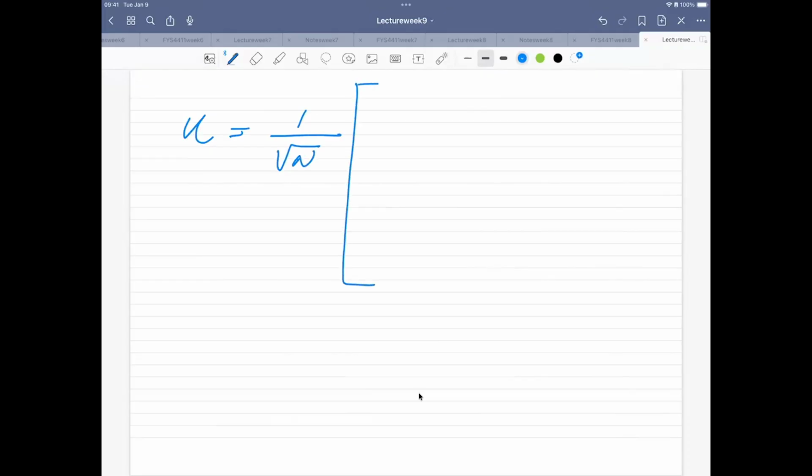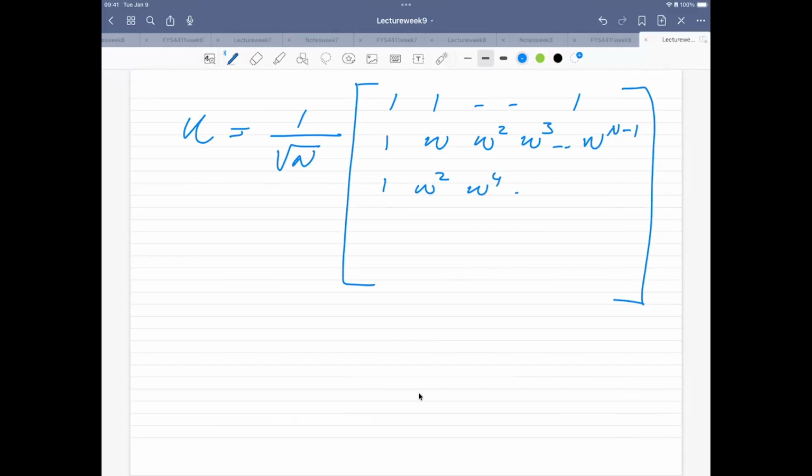So this is for the discrete Fourier transform. I have 1s here all the way. And then I get 1, omega, omega squared, omega cubed, all the way up to omega to the power of n-1. This continues, and I have omega squared, omega to the power of 4, and all the way up to omega to the power of 2 times n-1.